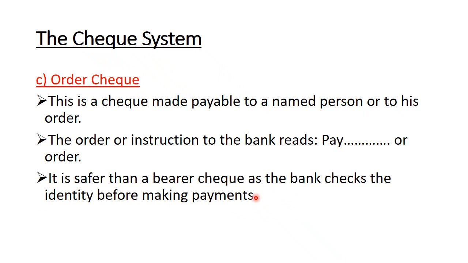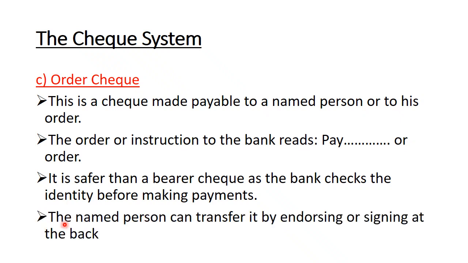So they will check, is this person we are about to pay the owner of this name? Yes, then they are going to pay. And of course, the only way the bank will know is if that person carries something like a passport or the green NRC.